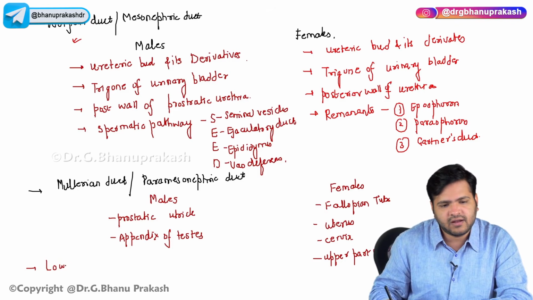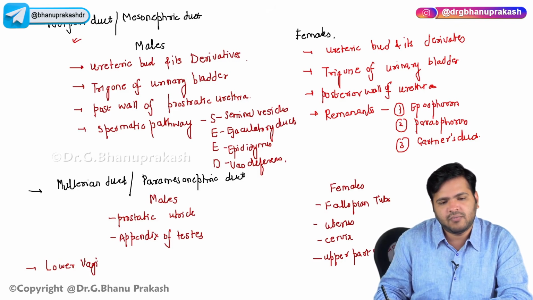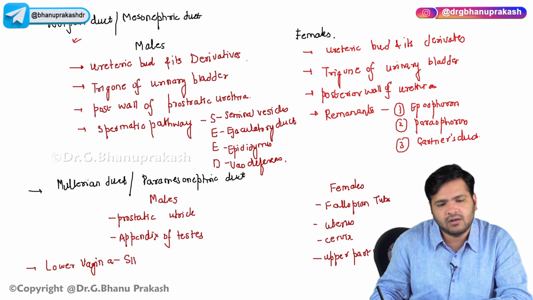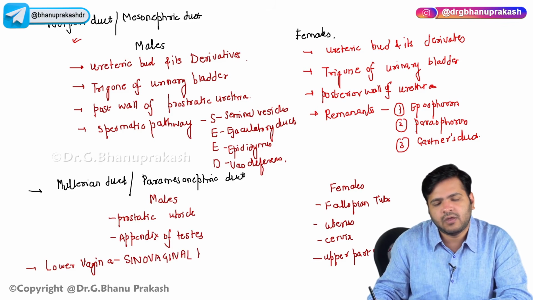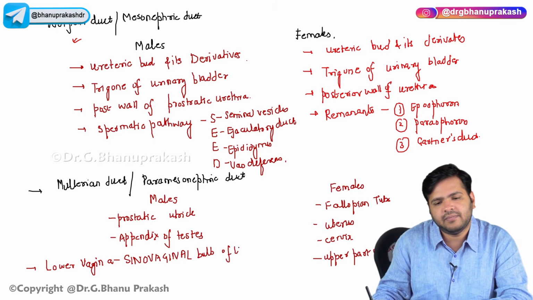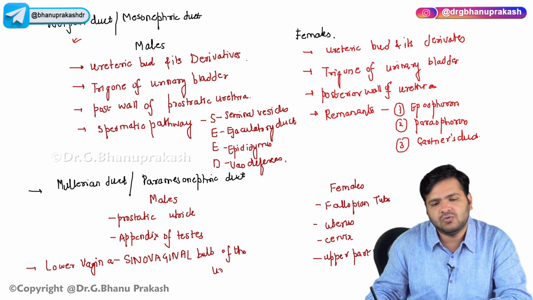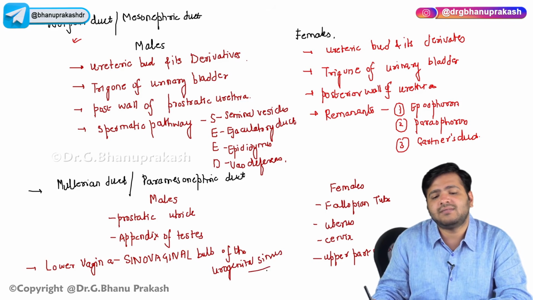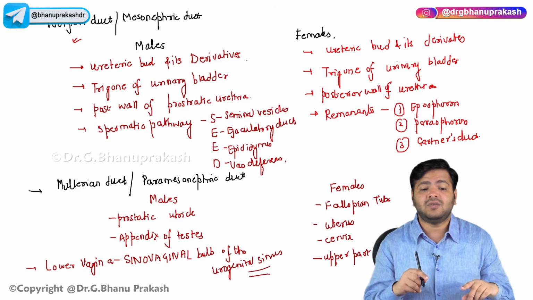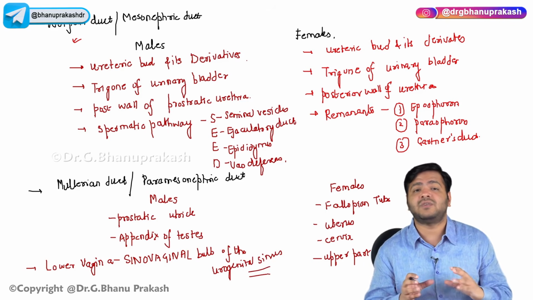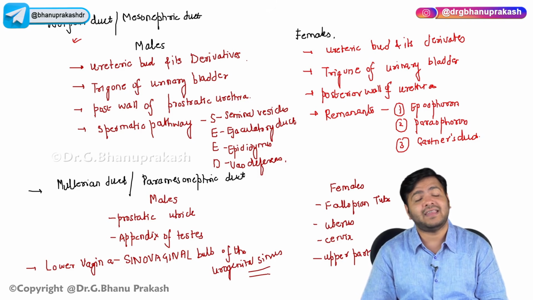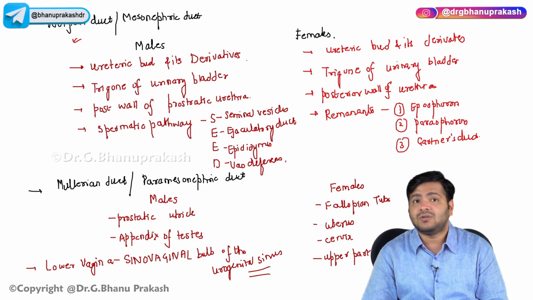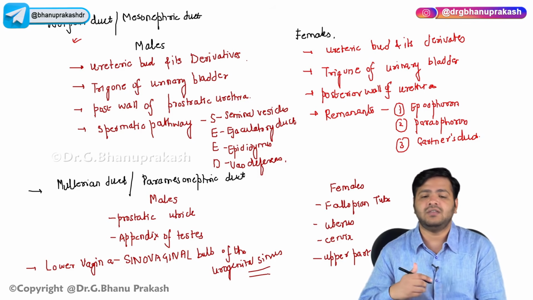The lower vagina is formed from the sinovaginal bulb of the urogenital sinus. The urogenital sinus is endodermal. The sinovaginal bulb, the structure from the urogenital sinus, will form the lower vagina. So the lower vagina is actually endodermal in origin.